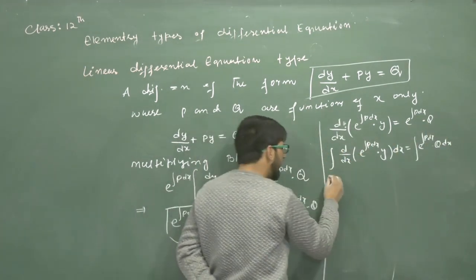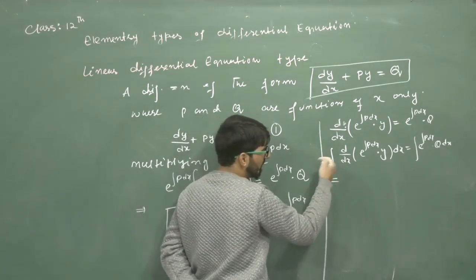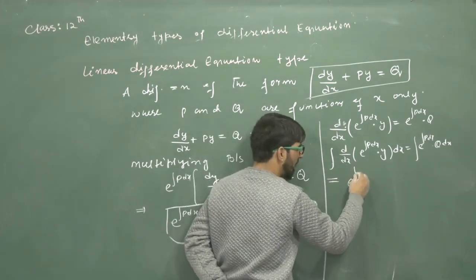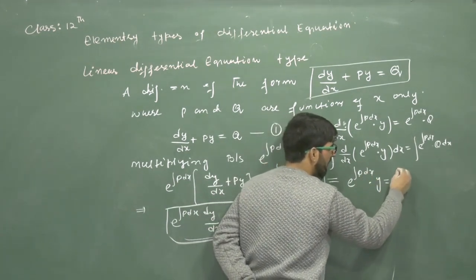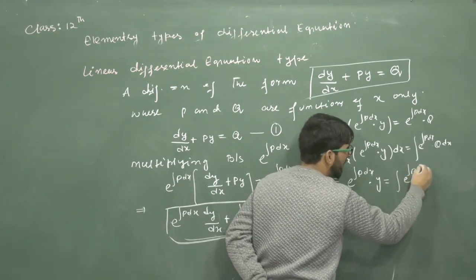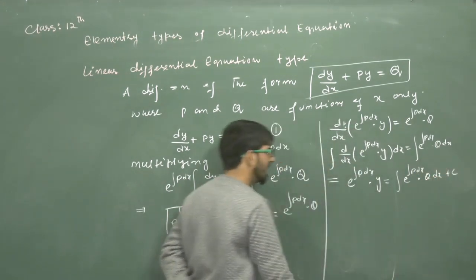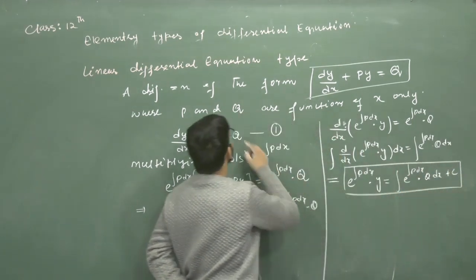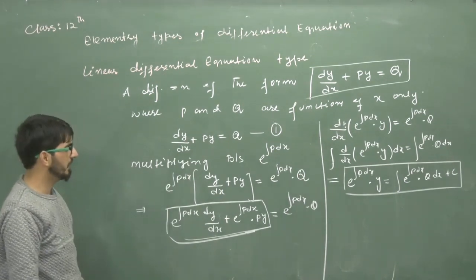The integral and derivative cancel, being inverse of each other, which gives e raised to power integral of p dx into y is equal to integral of e raised to power integral of p dx into q dx plus c. This is the solution of the differential equation of the form dy by dx plus py is equal to q.